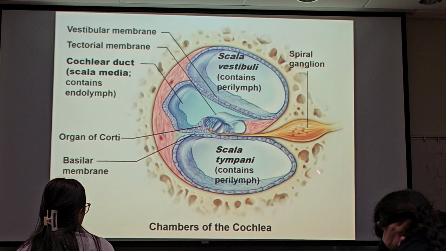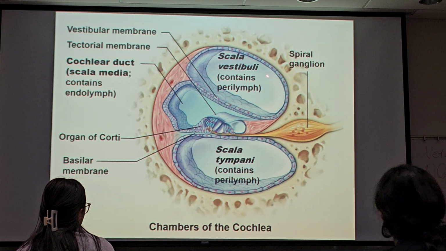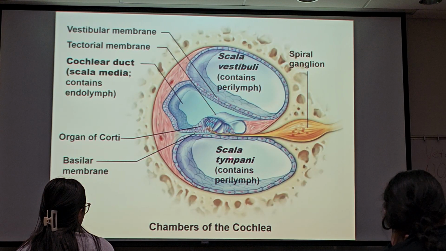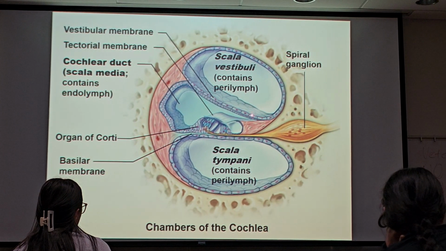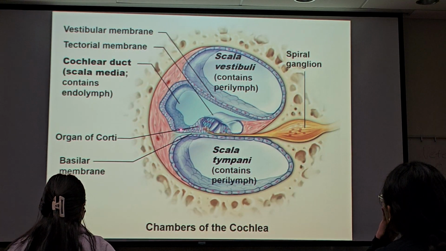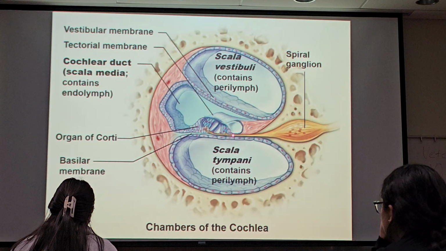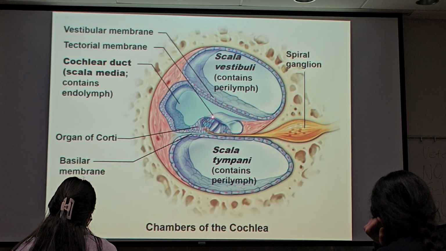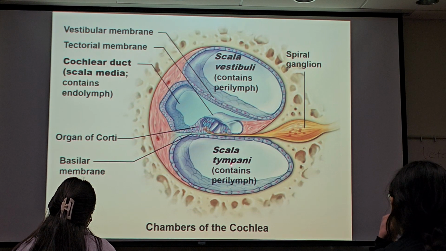All right, let's look inside one of these. There it is, scala vestibuli, scala tympani. Here is the vestibular membrane that separates scala media from scala vestibuli. Here is the basilar membrane. It's the floor of scala media, also separating it from scala tympani.